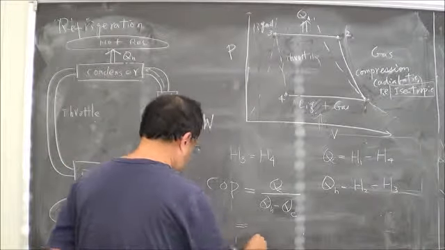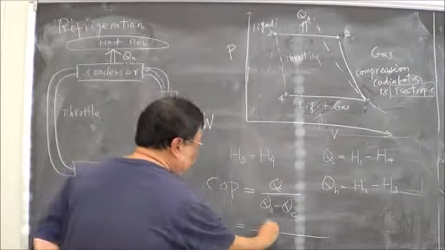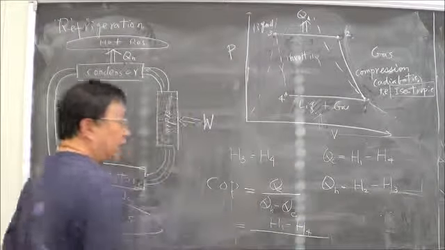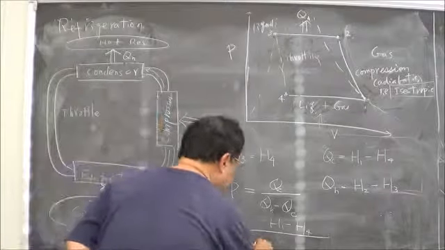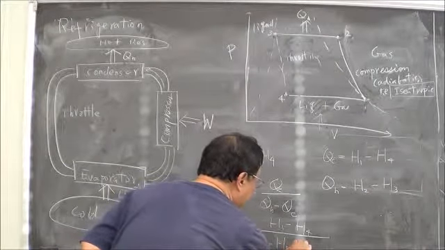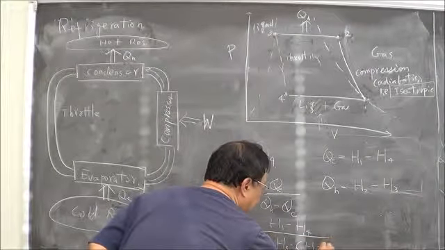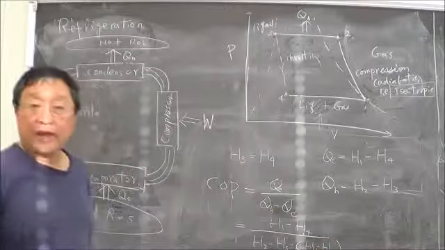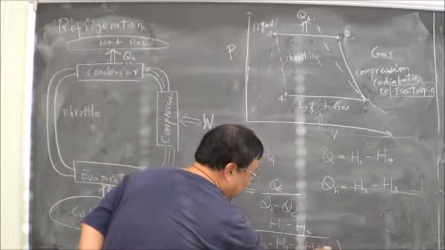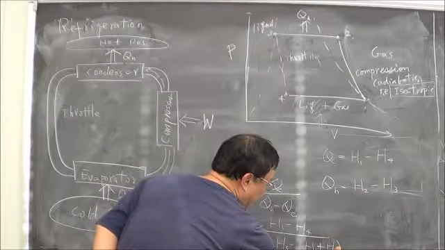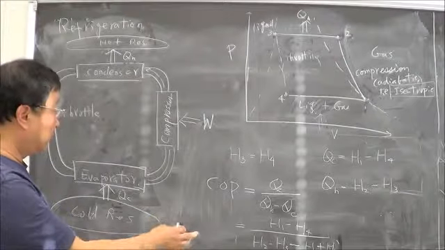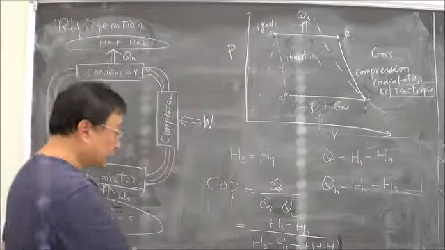This is going to equal H1 minus H4, and then this is H2 minus H3 minus H1 minus H4. Okay, so I can change this, and this becomes plus H4. But H3 equals H4, like what we described.